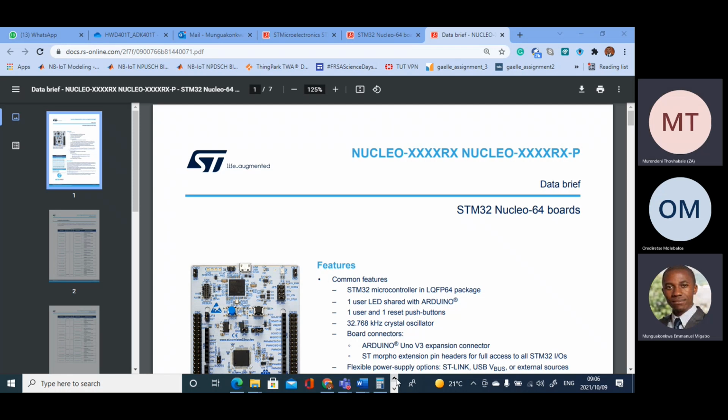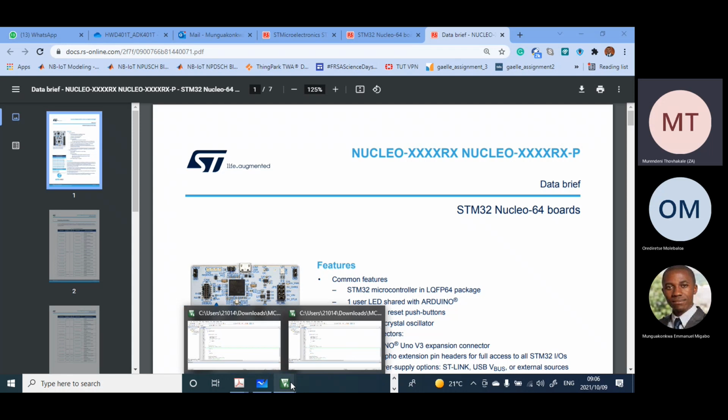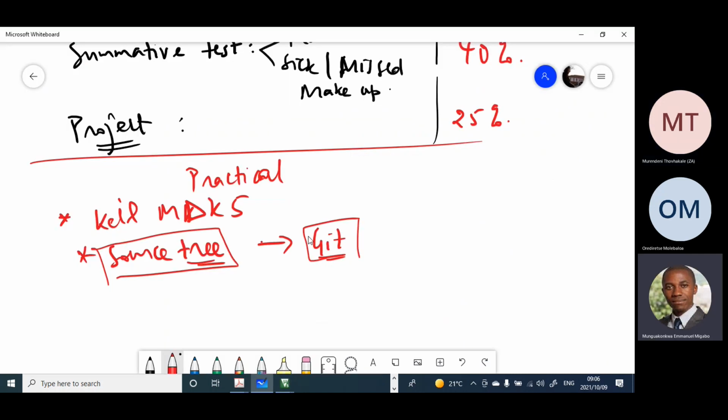Yeah, that's what I normally do with other subjects. If some software strictly requires Windows, I've got some VMs on the cloud that I use. Perfect. At least you've got a plan. But normally, as far as I know, there is a macOS version for Keil.